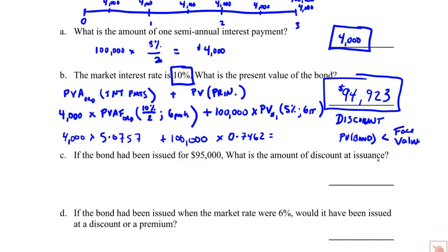What is the amount of discount on issuance if it had been issued for 95,000? It would have been a $5,000 discount. I didn't ask you about the particular bond up there, but you could do that one.